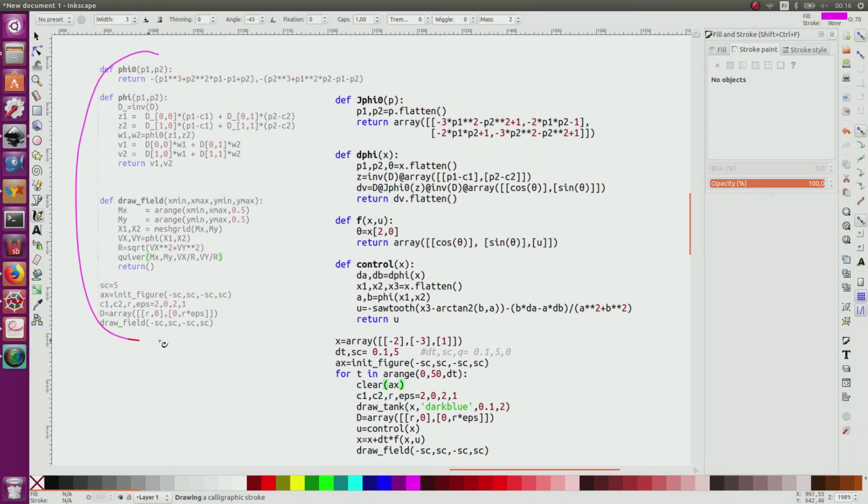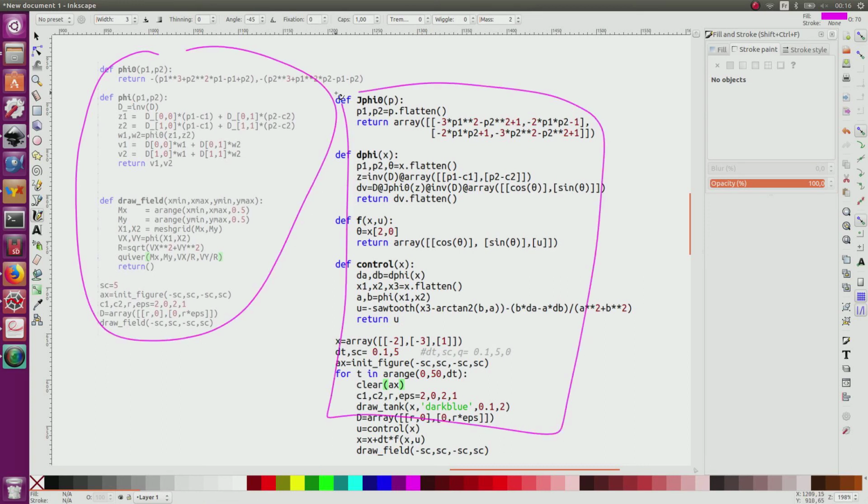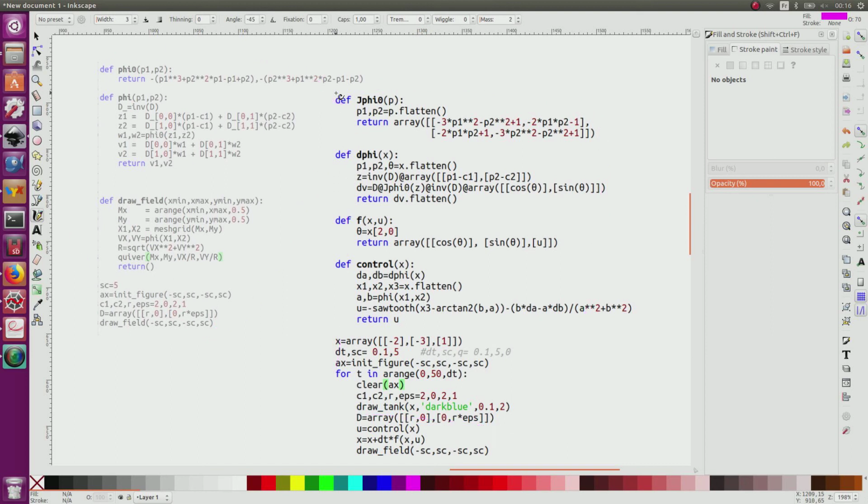This was the old program, and this is the new one. So this part, this function, and this function, and this one also exist at the top of the new program.